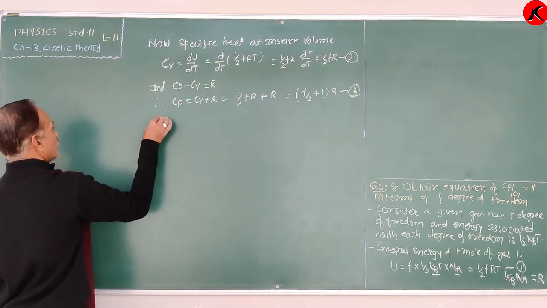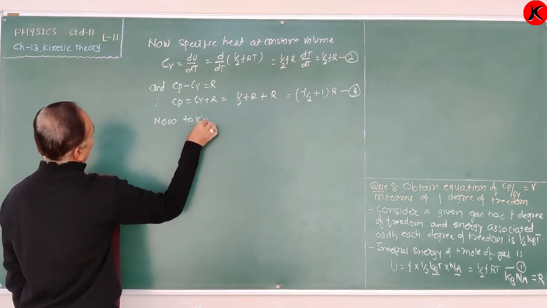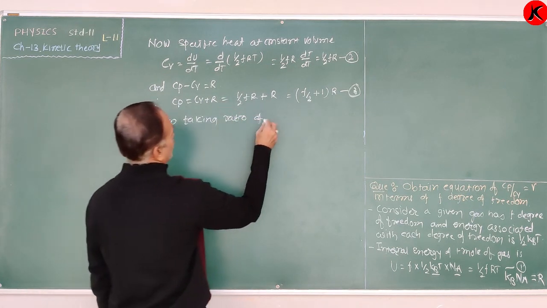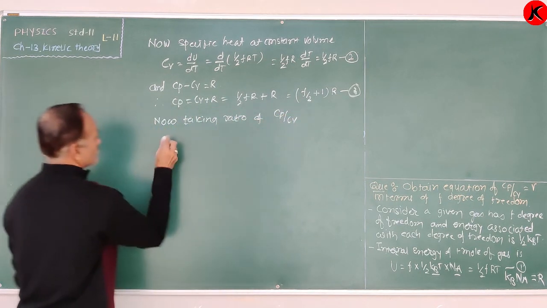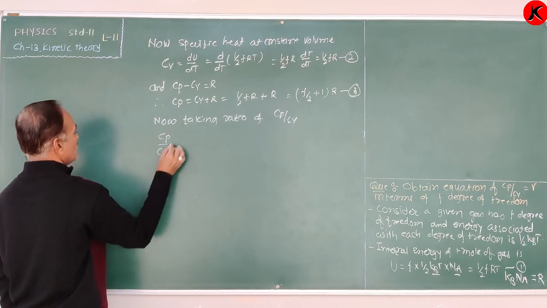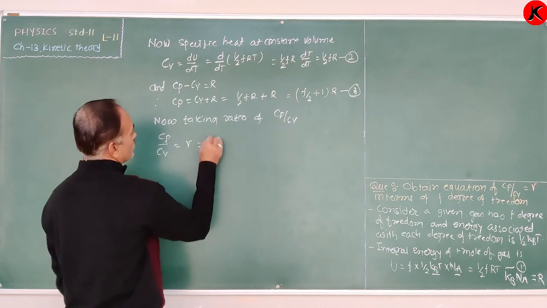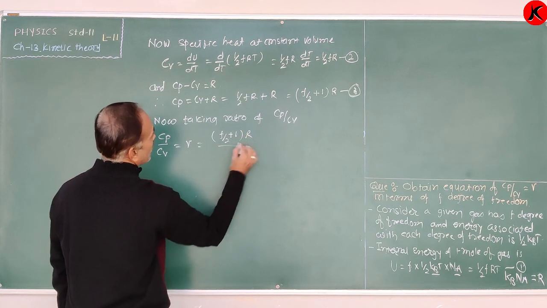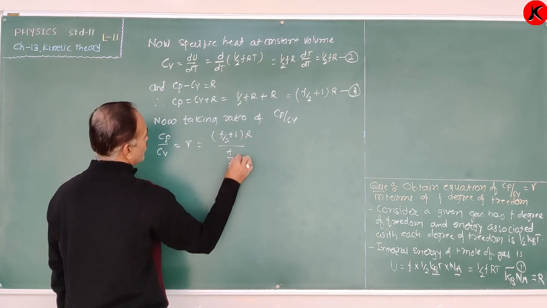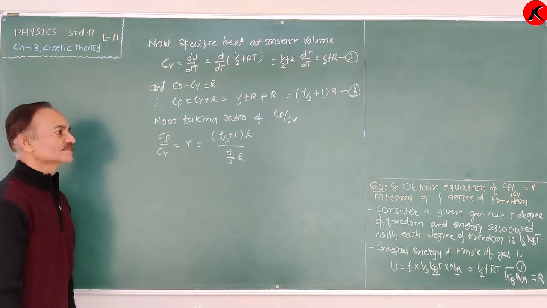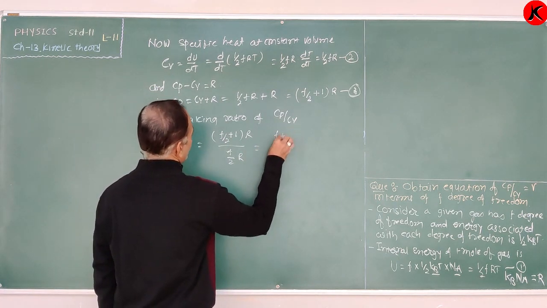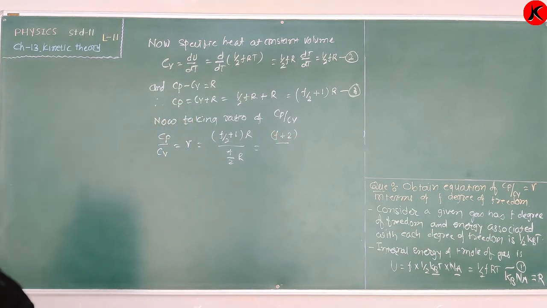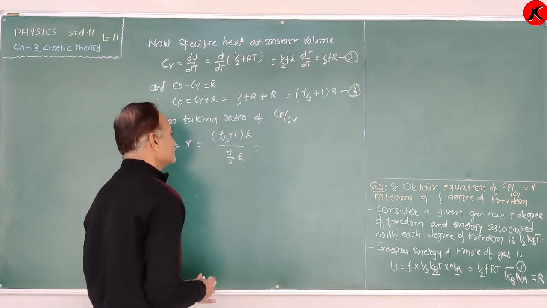Now, taking the ratio of Cp upon Cv. Therefore, Cp upon Cv, that is gamma, is equal to F by 2 plus 1 into R upon F by 2 R. So here we add: F plus 2 upon 2, 2 is the LCM in the numerator.